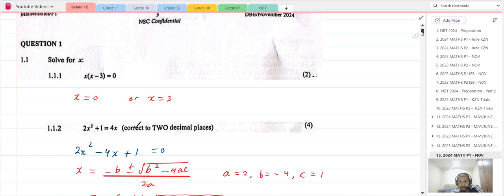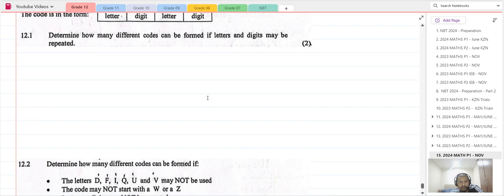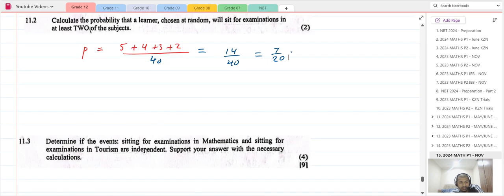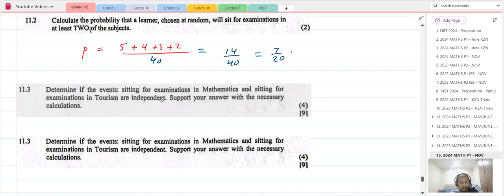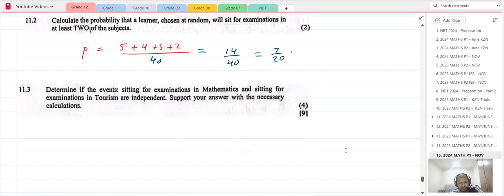Right, it went right to the top. Go back. Right, determine if the events sitting for examination in mathematics and sitting for examination in tourism are independent. So probability of mathematics and tourism is equal to, what's mathematics and tourism?